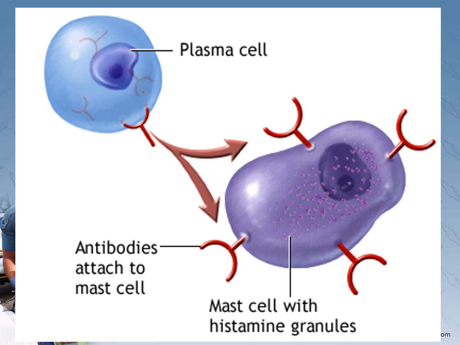Here we see that antibodies are attaching to that mast cell, and what I would really like to add to this is that these are IgE antibodies, not IgM or IgA or IgD. It's the IgE antibody that we're dealing with in this picture.